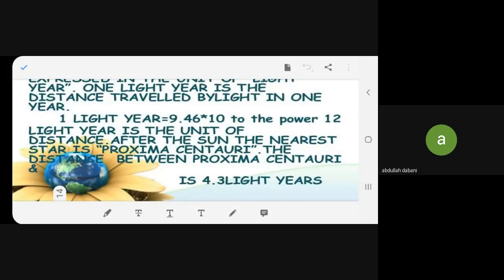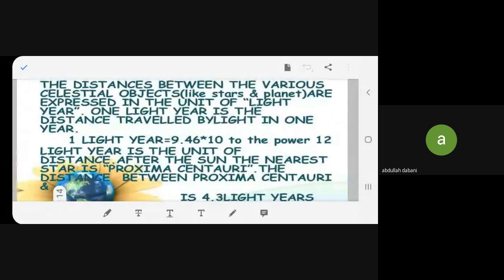The nearest star is Proxima Centauri. The distance to Proxima Centauri is 4.3 light years.